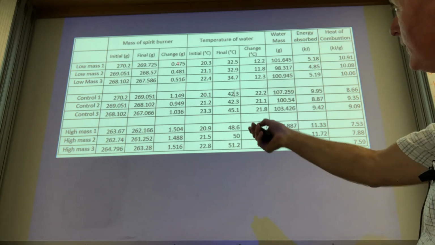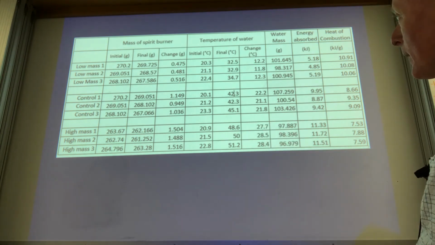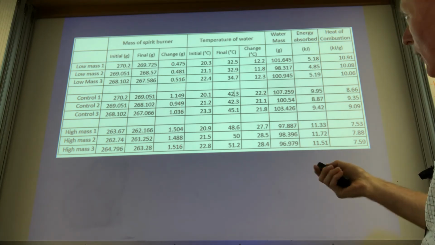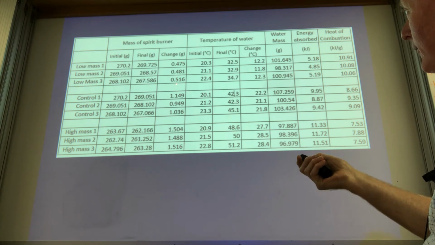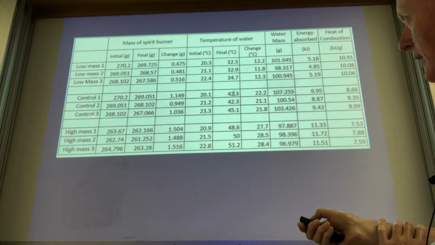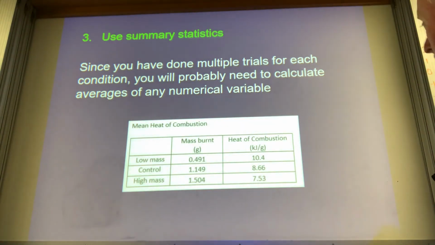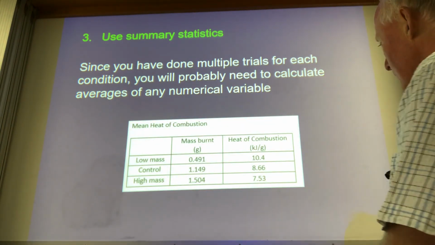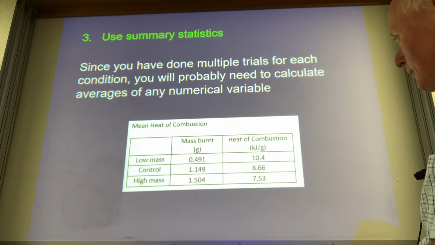And so since we've got fairly consistent masses of fuel burnt at each of the levels, I will calculate the average mass and the average heat of combustion for each one of the conditions and present them in a nice simple table which pretty much summarises the investigation that I did.